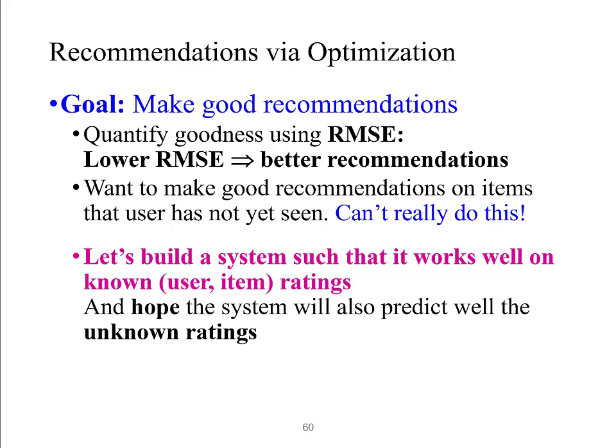It is just the basic concept in machine learning. We have introduced it before, I believe. So what we are going to do is build a system such that it works well on known ratings, or the training data, and hope the system will also predict well the unknown ratings, which are the test data.